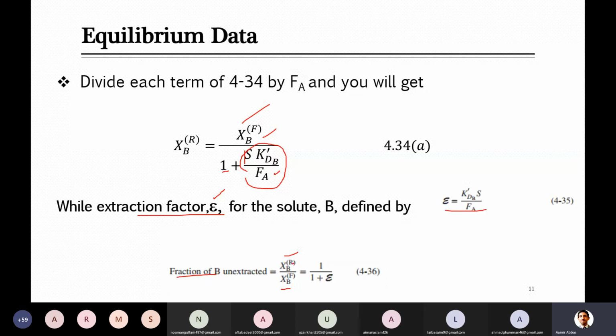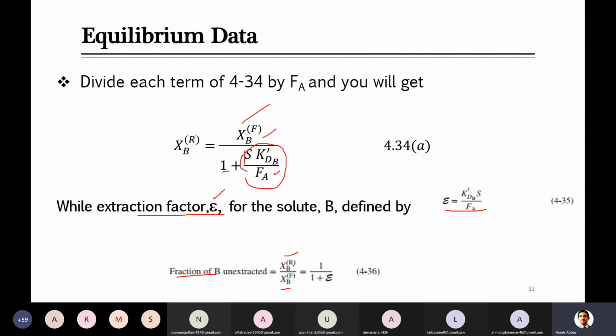In the raffinate stream, xb is the mass of component B divided by the mass of component A, which is FA. In the feed stream, it is the mass of component B to the mass of component A, because FA is the same in both cases.